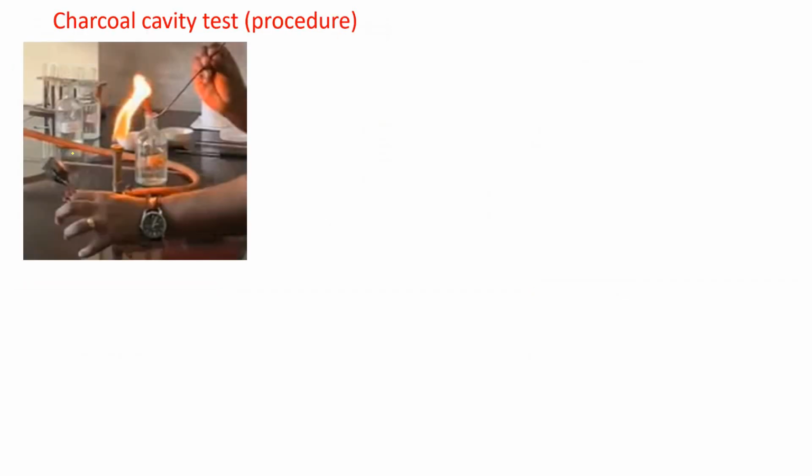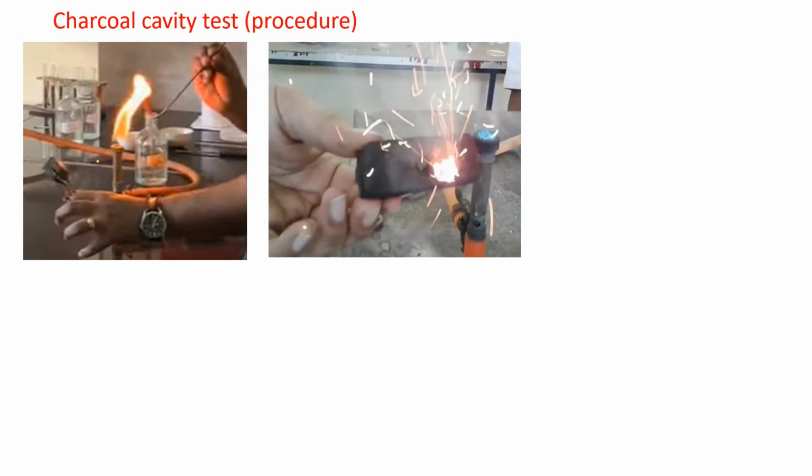Then what you have to do? Hold this charcoal block with tongs in the left hand, take the reducing flame, and with the mouth blowpipe, blow this flame onto the charcoal block where the content is taken, for 2 minutes.